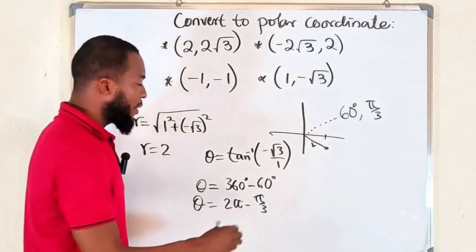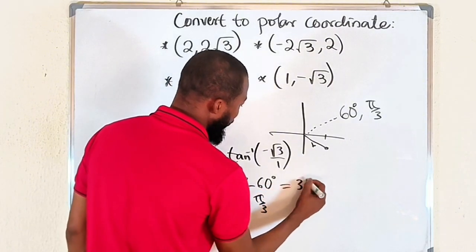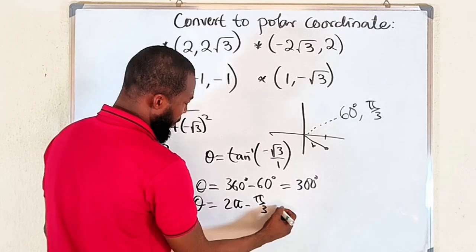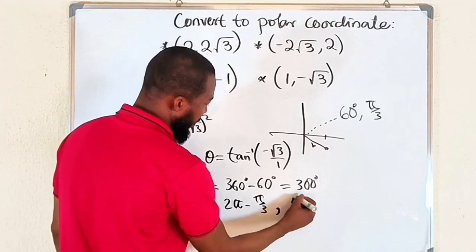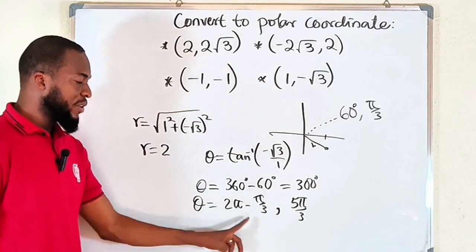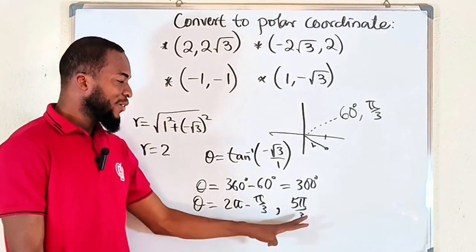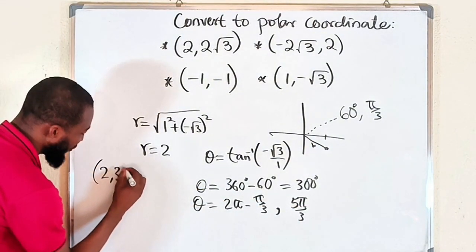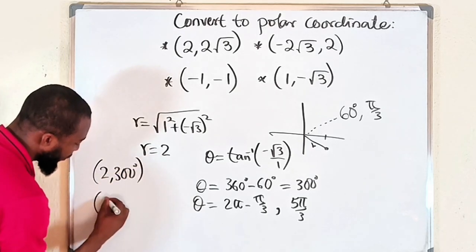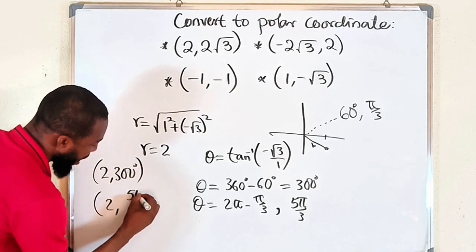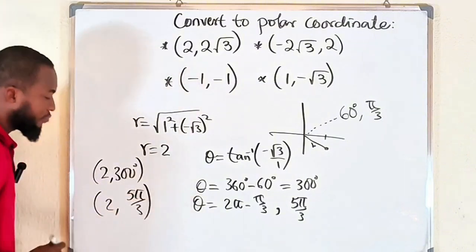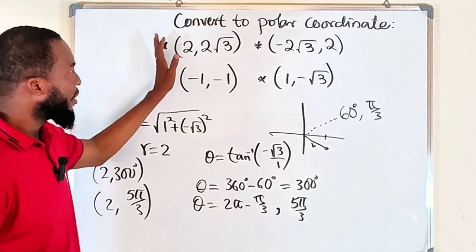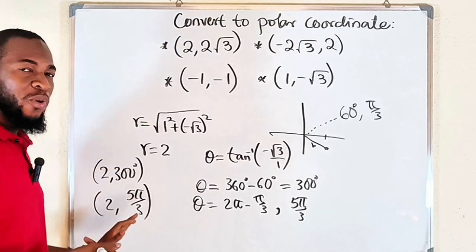Yes, this will give us what? 300 degrees. This will give us 5 pi divided by 3. Yeah, 3 times 2, 6 minus 1 is 5. So these are the two angles. So you can either write it as 2, 300 degrees or 2, 5 pi divided by 3. All the same. So this is how to convert from rectangular coordinate down to polar coordinate.